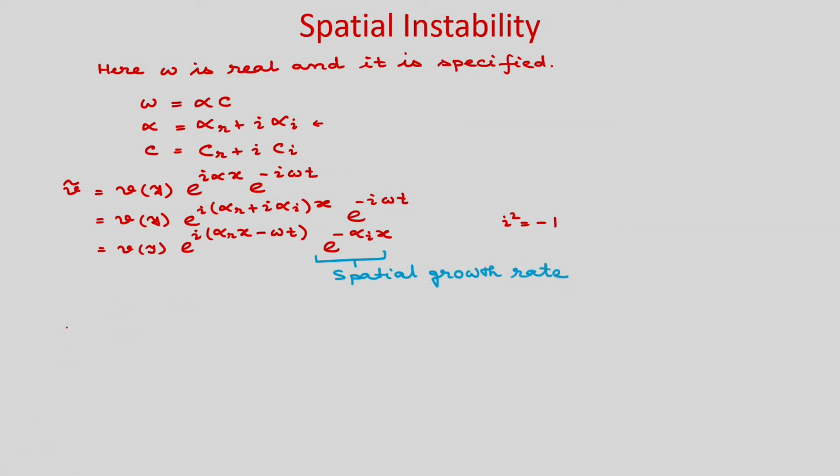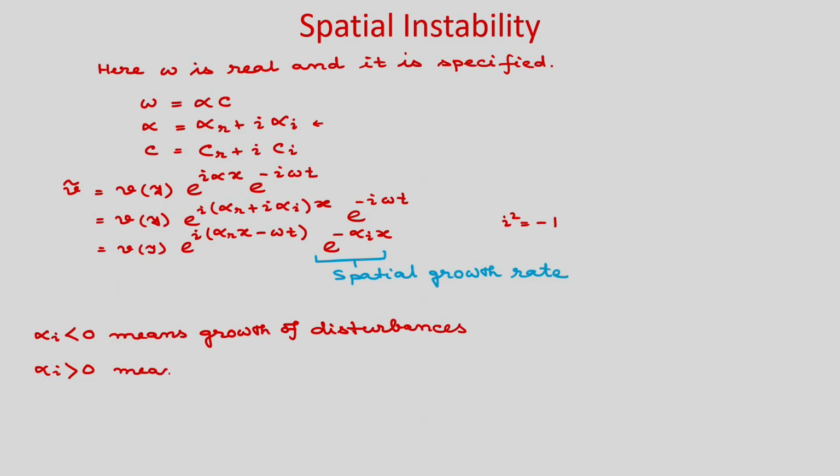So, you can see that if alpha i is less than 0, it means growth of disturbances, and if alpha i is greater than 0, it means decay of disturbances.